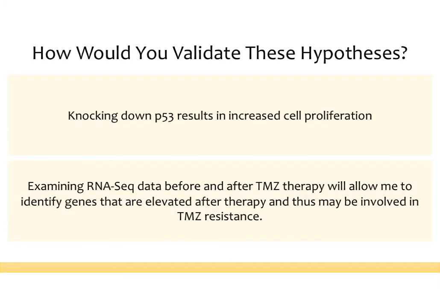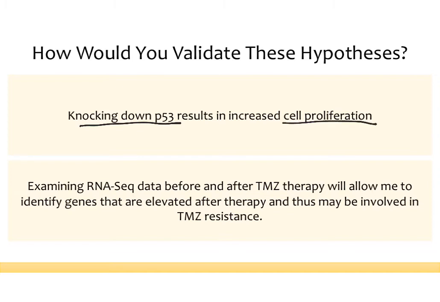So now that we have the basic tools and we kind of have some framework for how to think about validation, let's talk about some examples. So we'll start with our very simple example of knocking down p53 should result in increased cell proliferation. So how would you validate this? Remember, we're going to boil it down to its simplest elements. So we want a knockdown of p53 and we want to measure cell proliferation.